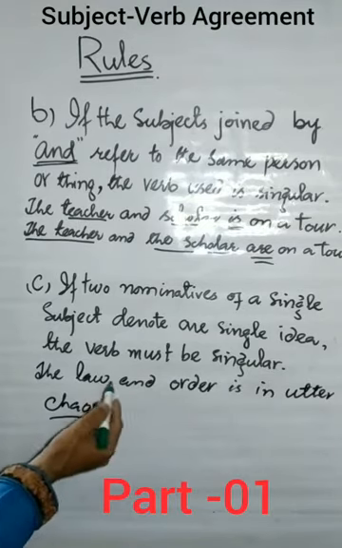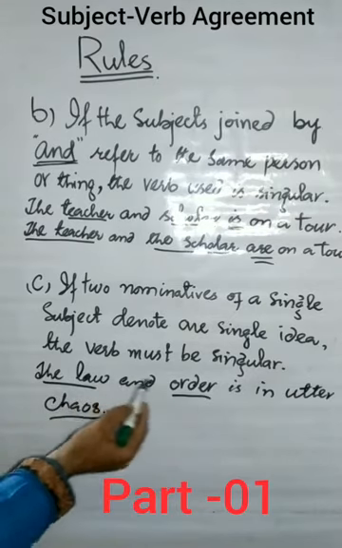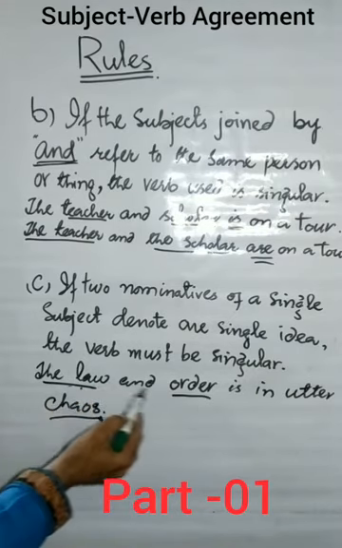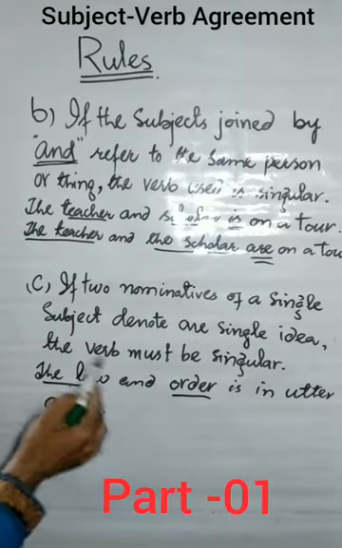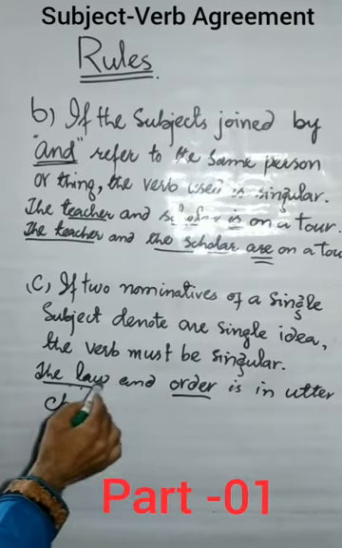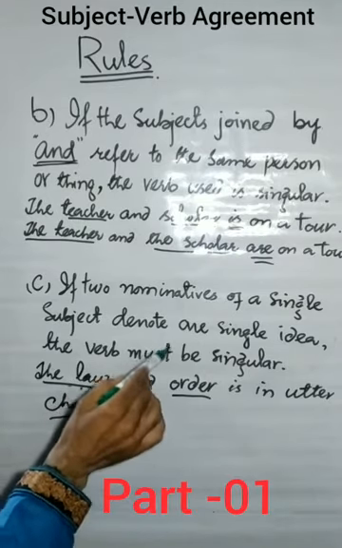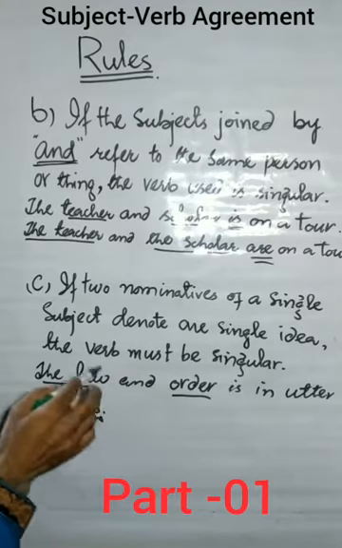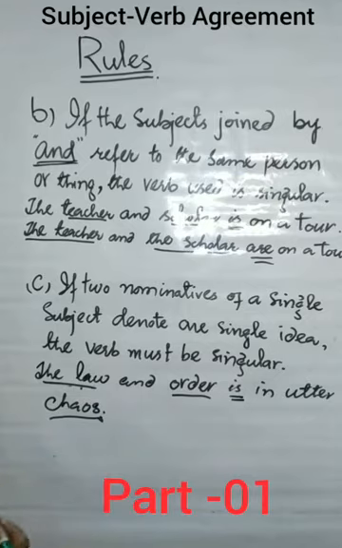यहां पे मैं आपको बताऊंगा कि the law and order, this is a single idea here. The law and order, these are two nominatives of the single subject, and these two nominatives denote or refer to the single idea. Law and order, this is a single idea, so the verb must be singular, is.